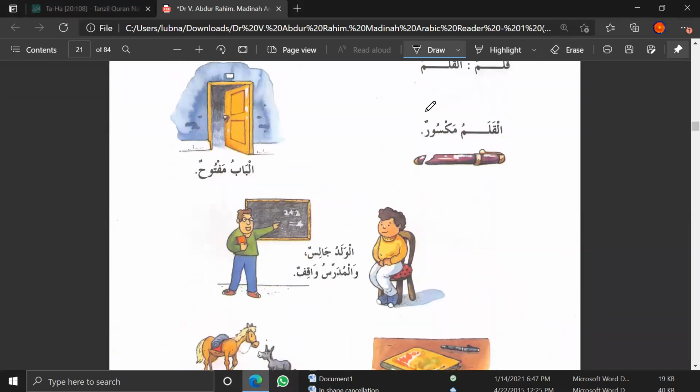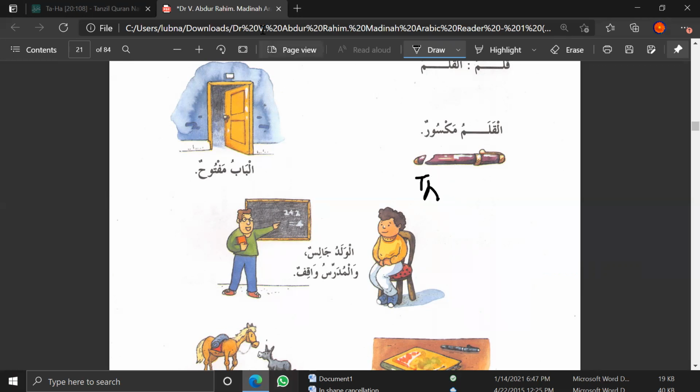Now we have a few more nouns, a few more examples. It says al-qalamu maksurun. Al-qalamu, the pen. Very good. The pen is broken.